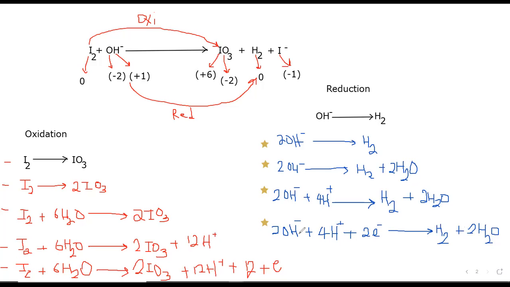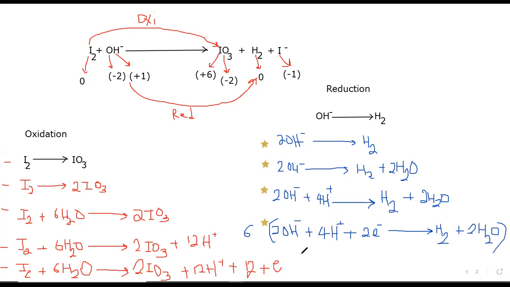All right. So then the next step from this point is now to balance out the electrons. If you pay attention here, there are 12 electrons. Here there are 2 electrons. So I'm going to have to multiply this by 6. Okay.